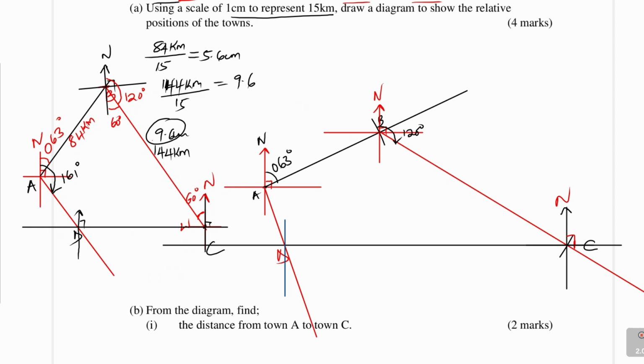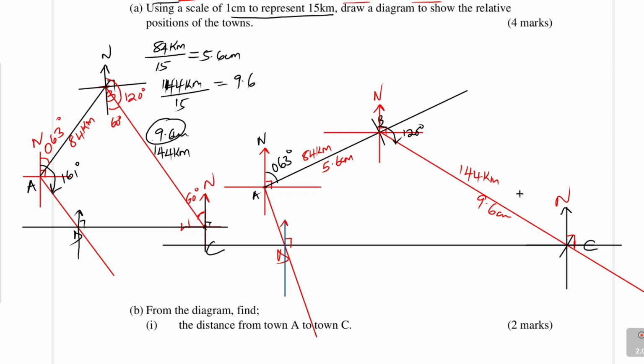Now we have indicated this is 84 kilometers, which we measured as 5.6 centimeters. Then this one was 144 kilometers, and we measured 9.6 centimeters to represent that. So that is how you are supposed to indicate or show the relative positions of the towns.